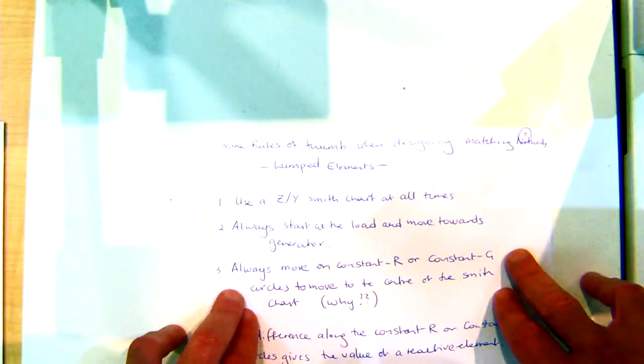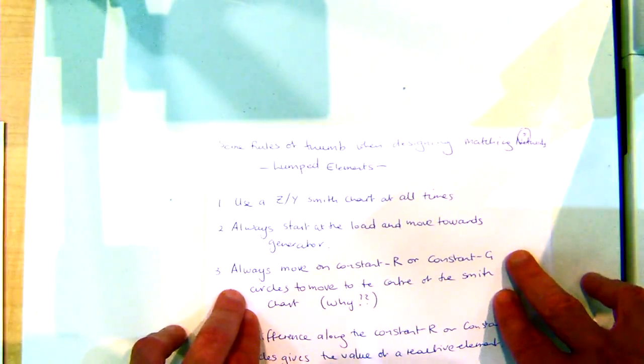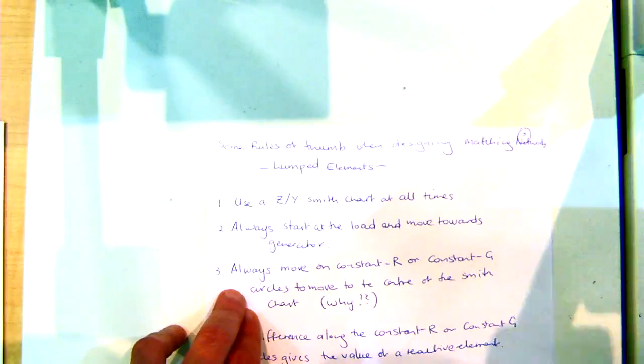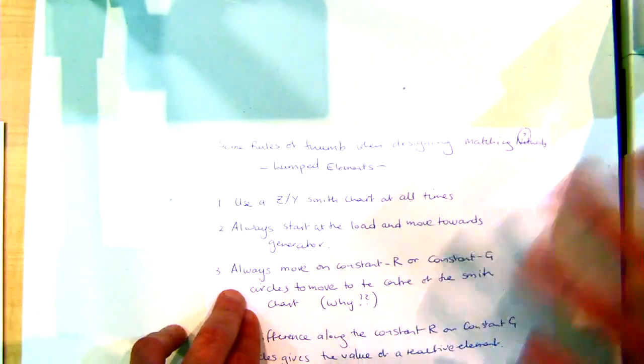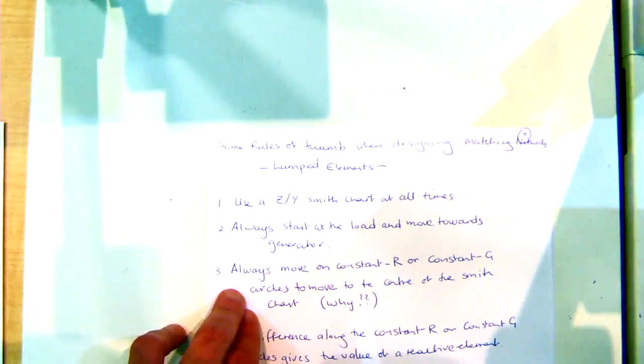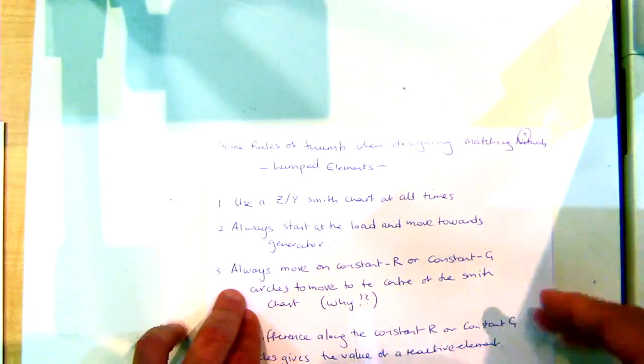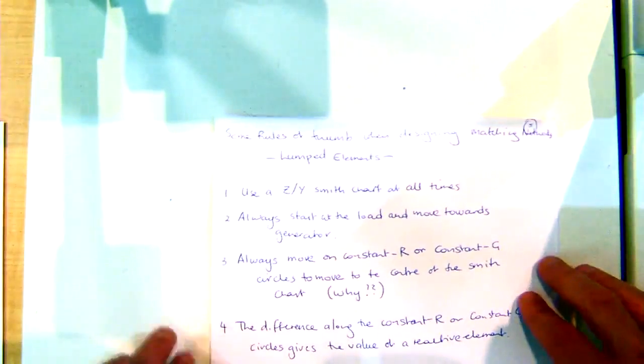I just wanted to re-emphasize the reason why we're doing that: we are building lossless networks, so we're only playing with the imaginary components. We're only adding susceptances or reactances.